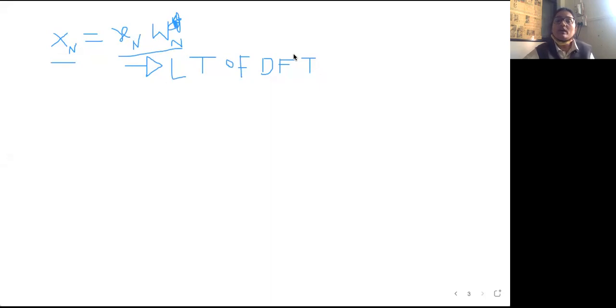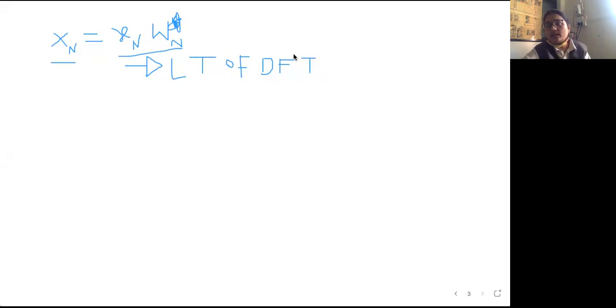Now, why we did this exercise? Because we want to get a simplified solution of discrete Fourier transform. We can calculate discrete Fourier transform by applying the equation or formula directly, or we can calculate it by using linear transformation technique.